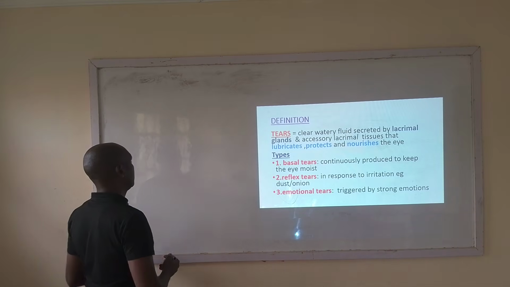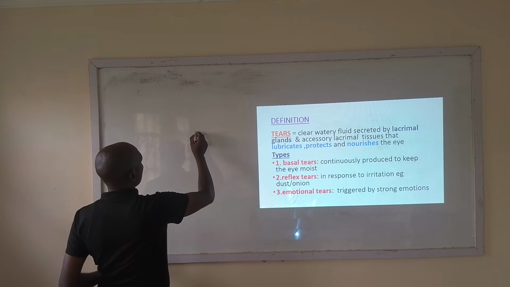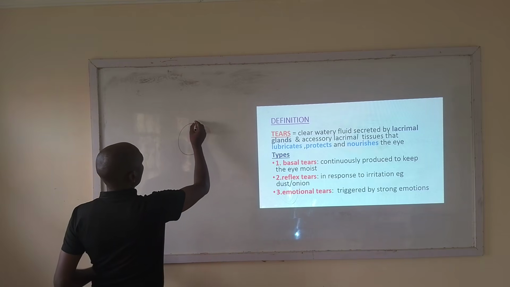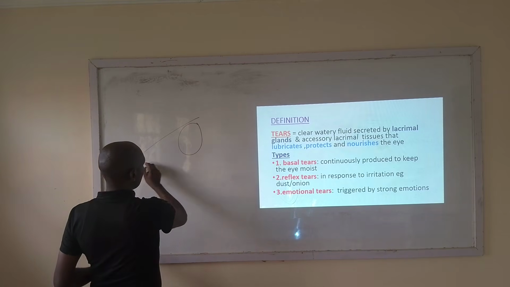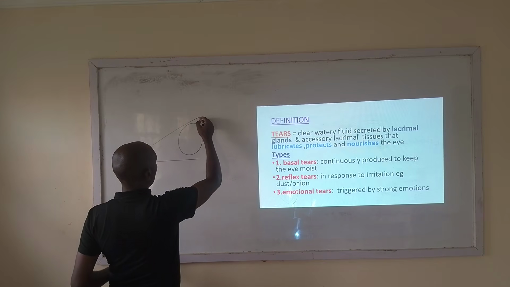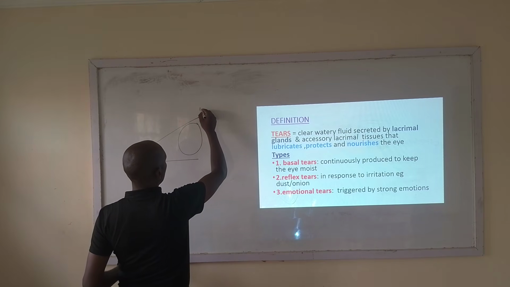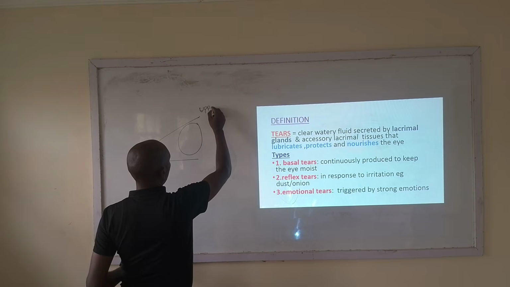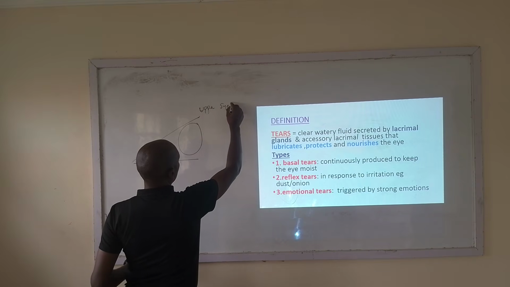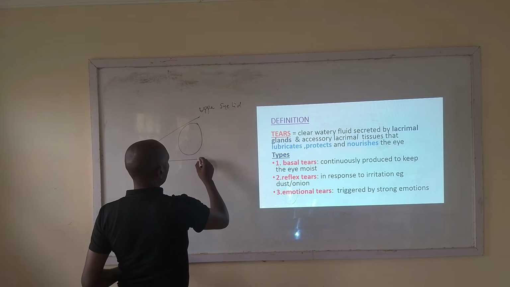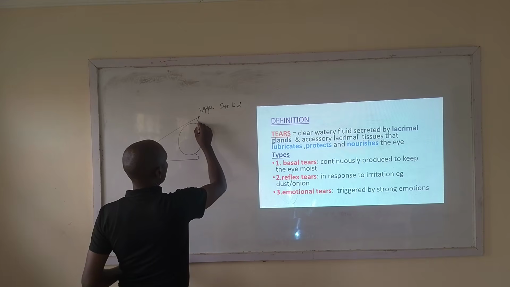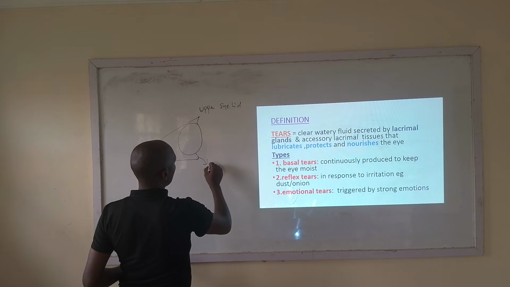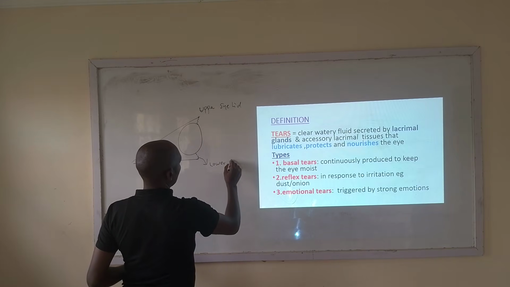if you have your eye here, assuming this is your eye, this is your upper eyelid. And this one here is the lower eyelid.